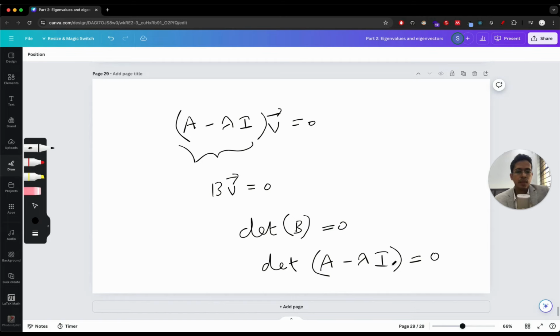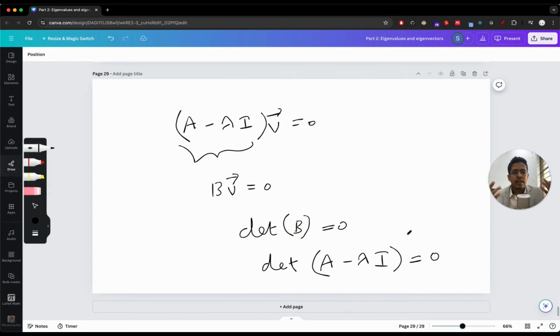So the reason why we are saying, while calculating the eigenvalues and eigenvectors, that the determinant of A minus lambda I equals 0, is because if we consider A minus lambda I as a whole matrix which is transforming the xy space, the transformation happens in such a way that the x and y axis will fall on the same line after the transformation.